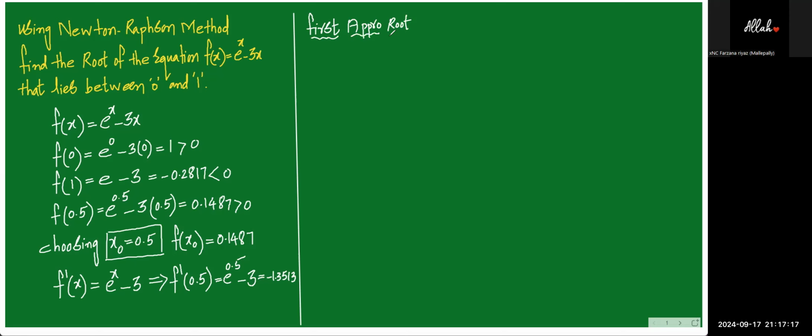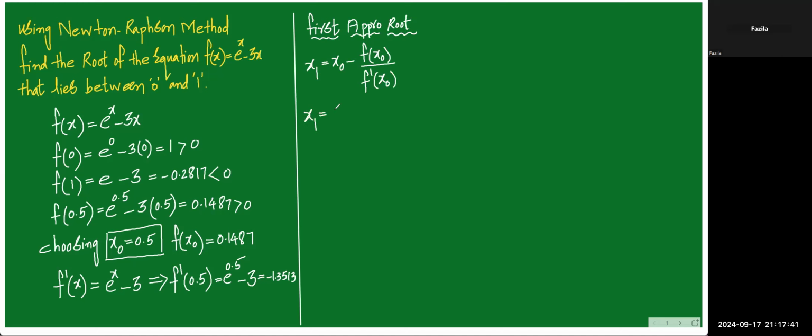Can you tell me what is the formula for this one? x1 is equal to x0 minus f of x0 divided by f dash of x0.